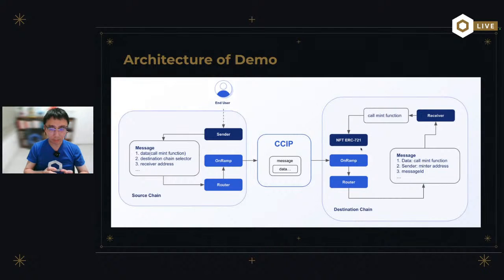And an NFT will be minted on behalf of my address. The result is that you send a transaction on the Fuji, and an NFT on the Sepolia will be minted under your address. And we will do this in this demo.